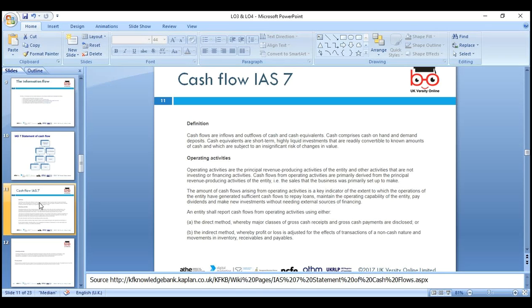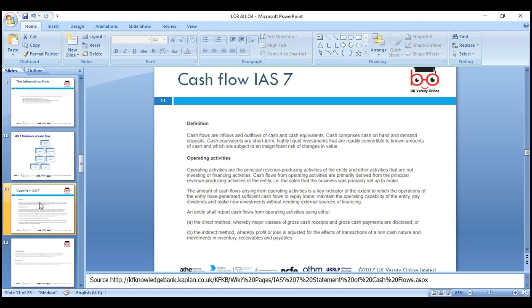They are not investing or financing. The cash flow from operating activities is primarily derived from the principal revenue producing activity. So if we have a cash and carry business, our primary activity is to buy things and sell them, and we can generate revenue. So we're looking under the operating activity at where the cash came from, how much cash went out of the business.